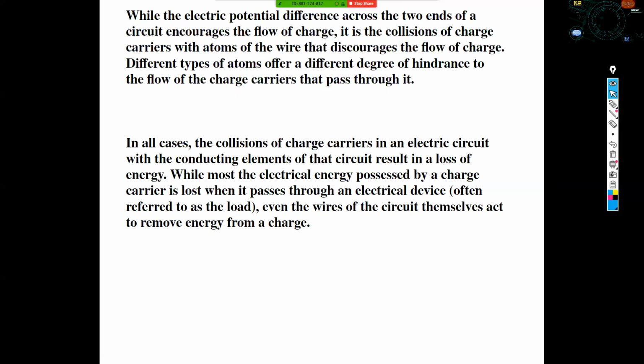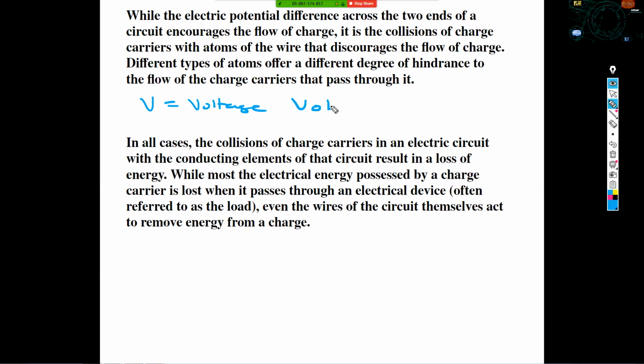And there are going to be a variety of factors that are going to affect this. Okay, so right now we have potential difference, voltage. We have current, that's the flow of charge.